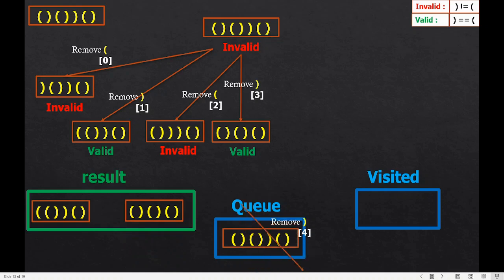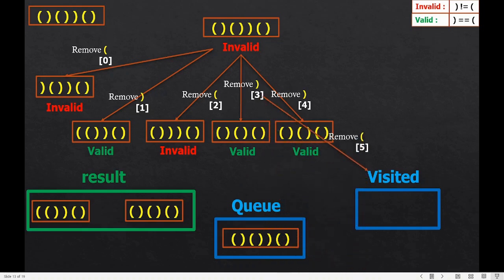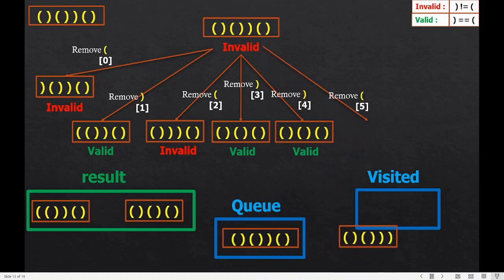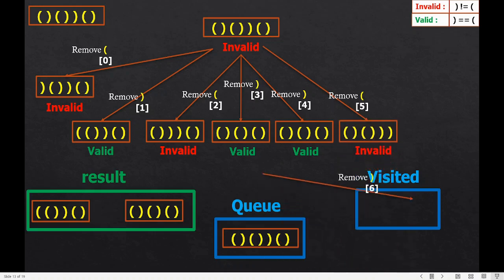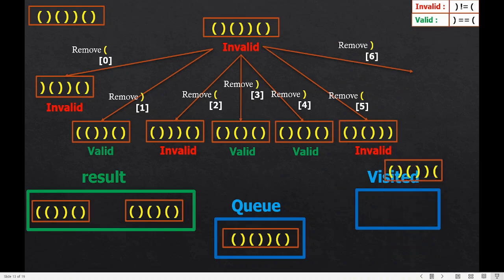Now if we remove the fourth index, we will get the same thing as we get by removing the third index. This is valid. If we remove the fifth index, we will get this one. This is also an invalid expression. And on removing the sixth index, that is the final index, we will get this one.